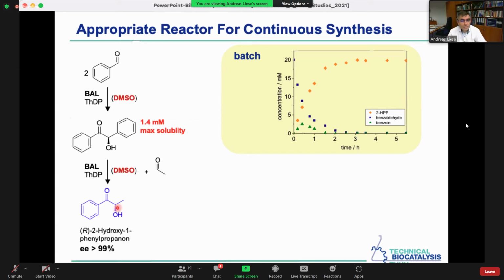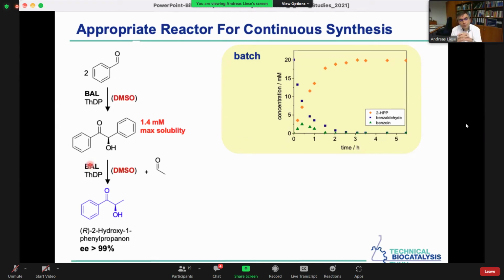The problem in the system is the solubility of this intermediate, with the two aromatic rings. Because of limited solubility, we're adding DMSO, dimethyl sulfoxide, an organic co-solvent, to increase solubility, so that at least we get a solubility of this intermediate of 1.4 millimolar maximum, because the enzyme is only reacting dissolved compound.